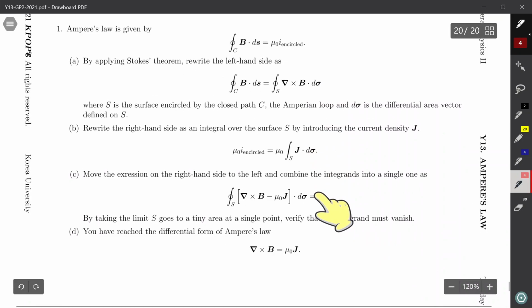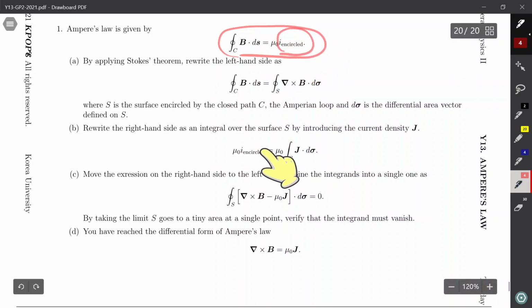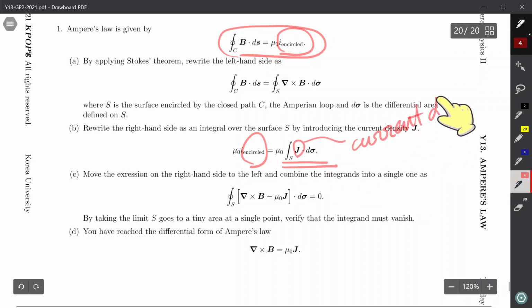And finally, we reconsider Ampere's law. On the right side, there is a current, and that current is expressed as a surface integral of a current density. Substitute this and move it to the left-hand side and shrink the size of the surface into a very small surface.